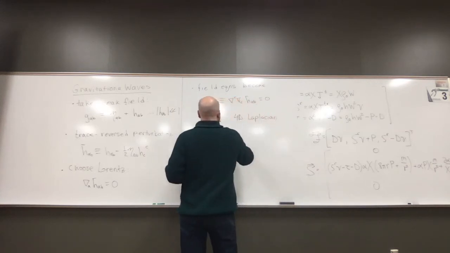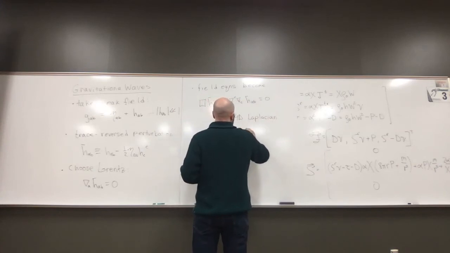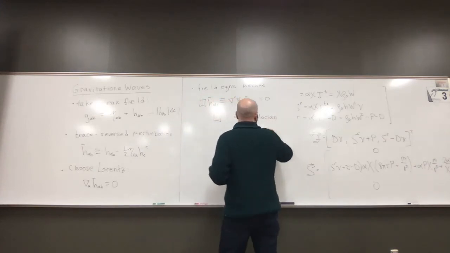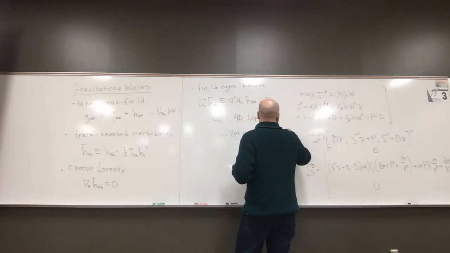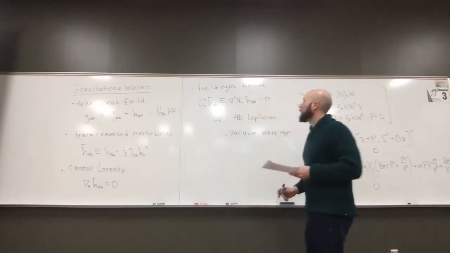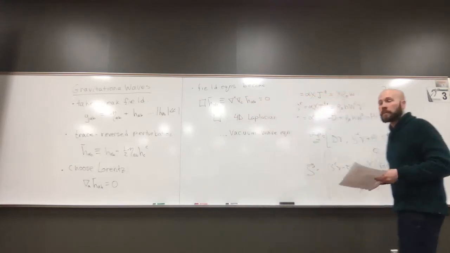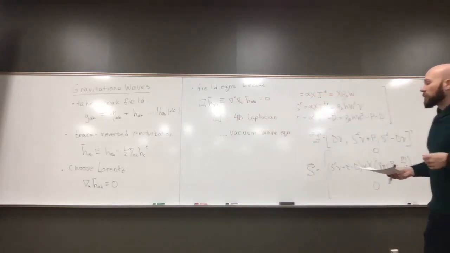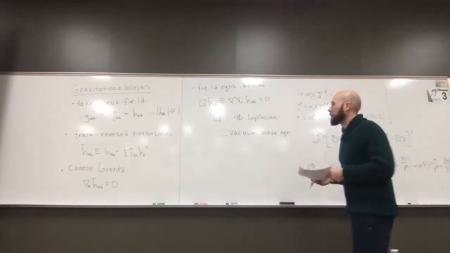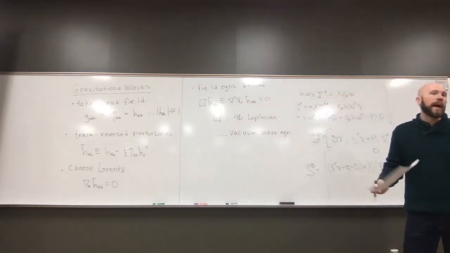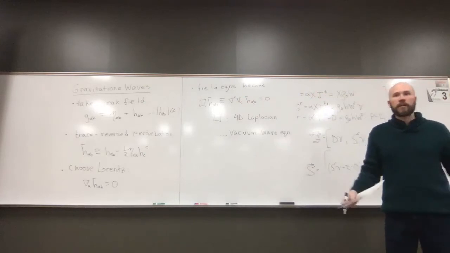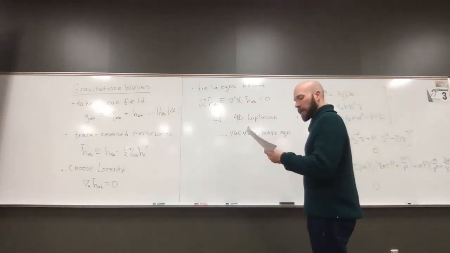And this is a vacuum wave equation. Laplacian of something equals 0, so it's just a wave equation in 4D. Specifically in vacuum, because we haven't included any interaction of the waves with matter, which causes refraction, et cetera.